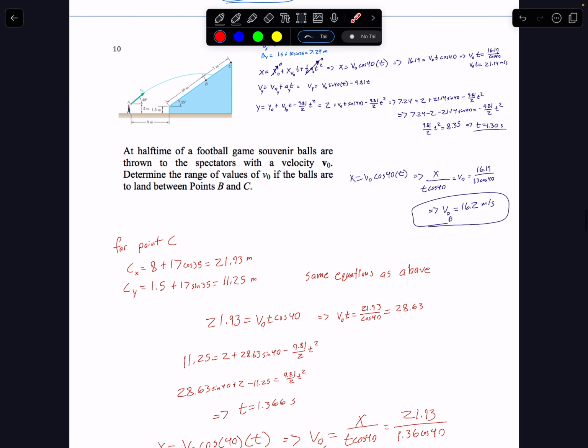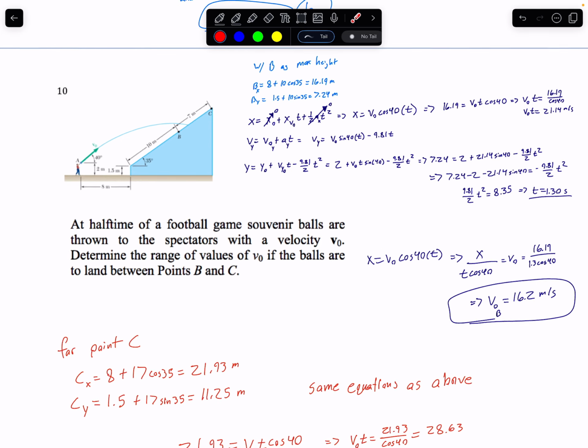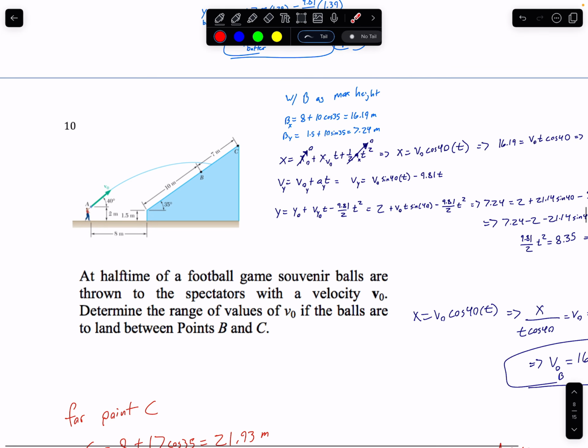So then problem number 10, we're looking for the initial velocity that would make it so that the souvenirs can make it up to point B and not go higher than point C. So we're looking for a range, a two-part problem. So we have to calculate the components out again.